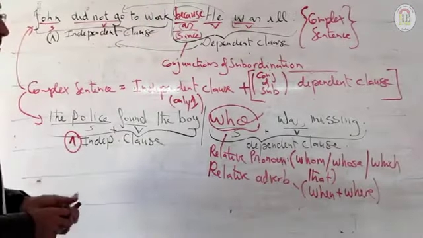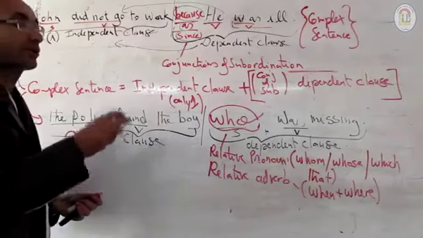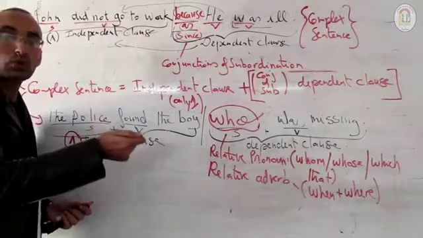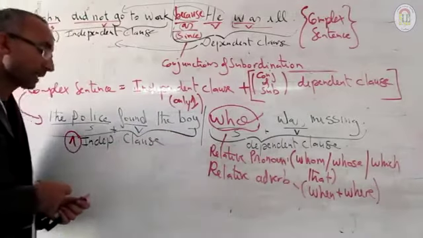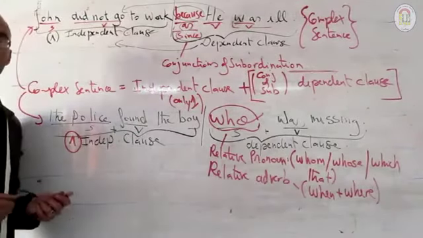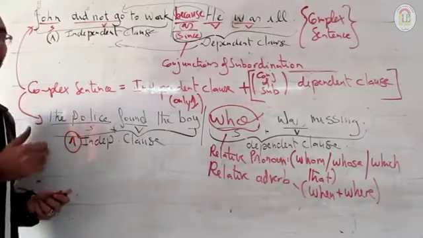So, there is still a third clue with which we can form a complex sentence in English. Let's take an example.